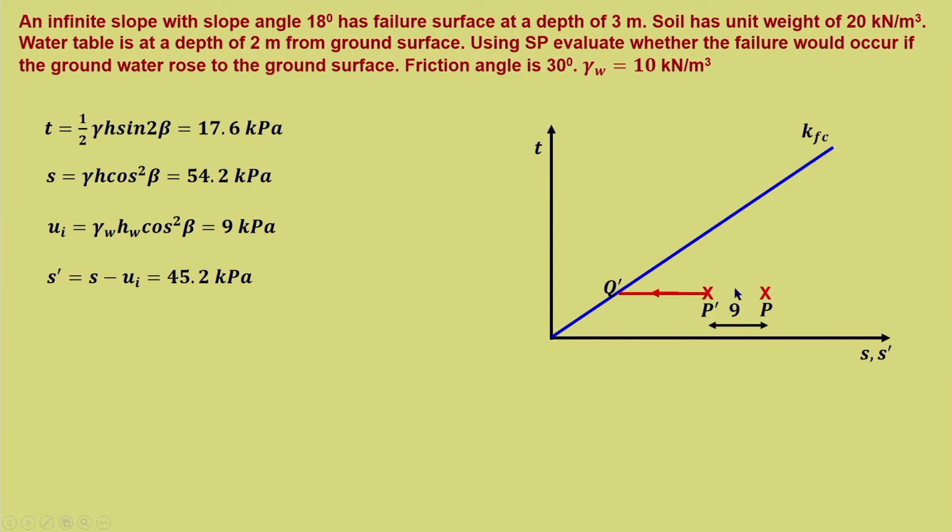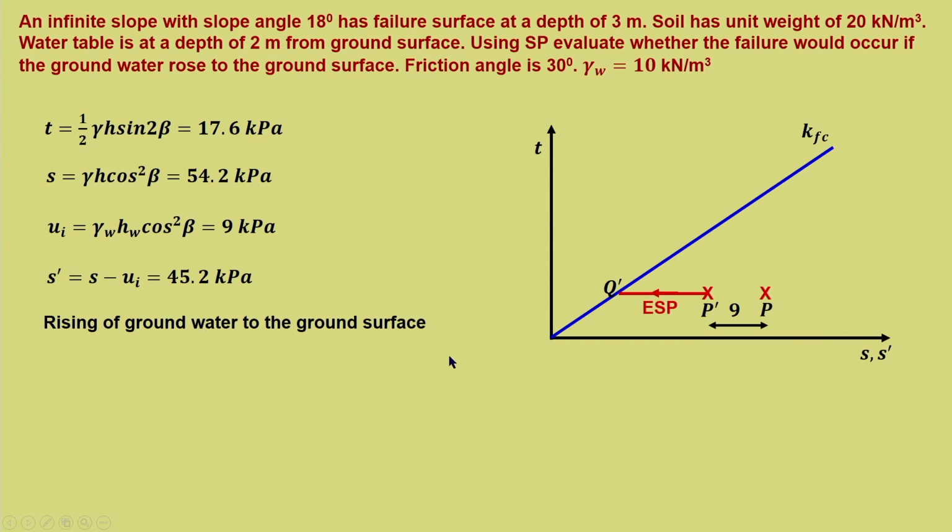Now, let us assume that the stress path reaches Q dash when there is groundwater fluctuation. Now, actually whether it is touching the failure line or not, that is what we need to evaluate in the given example. Now, if it is touching, then it means that the failure would occur. Now, this is a given ESP for this infinite slope condition which we have just seen.